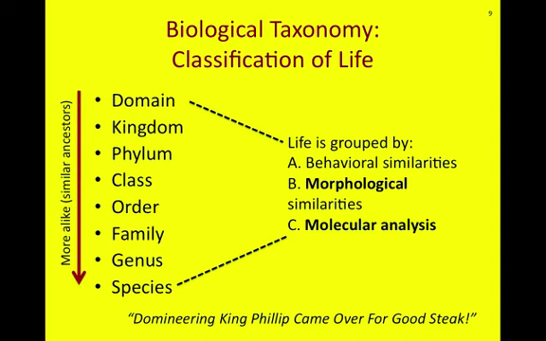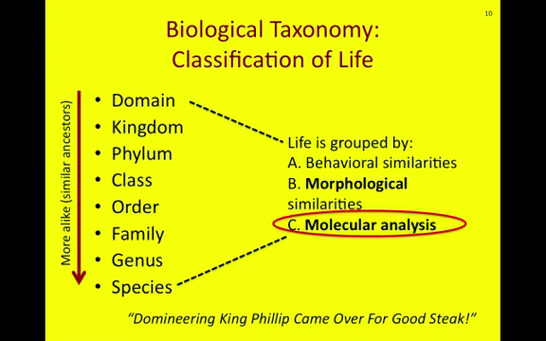In fact, life is grouped by behavioral similarities, morphological similarities, as well as molecular analysis. And this is the key, especially in this day and age, because genome sequencing is being used to determine if two organisms are part of the same species or not, or same genus or family or order, class, etc. And so we are using DNA similarities, or even maternal DNA or other types of RNA species, to look at how organisms have evolved over time and be categorized into these different classifications.